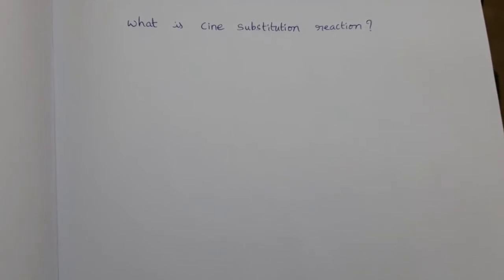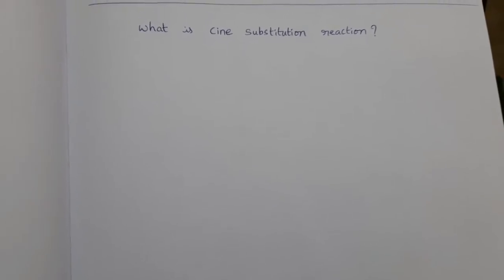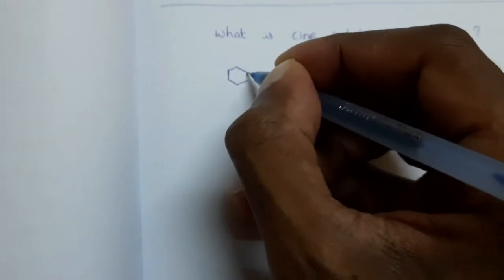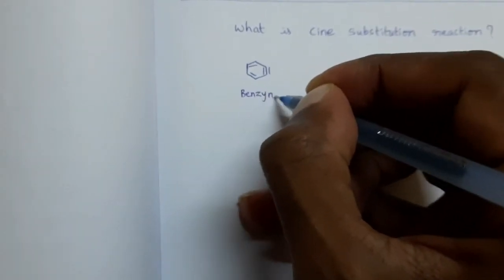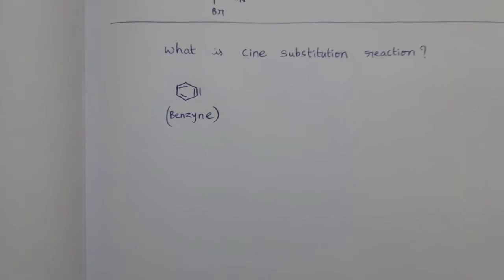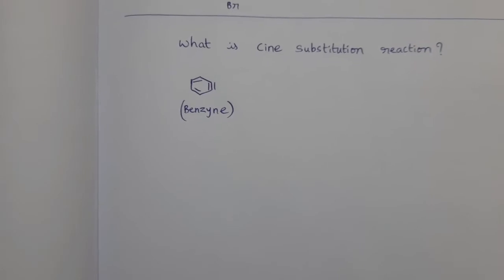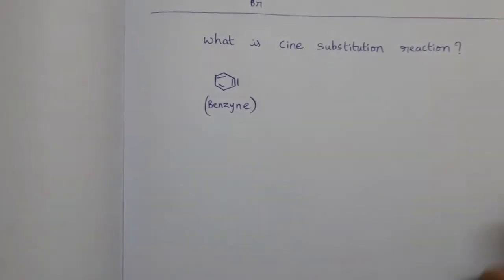Before going to cine substitution reaction, we have to know the intermediate benzyne. Benzene means this one. This is the benzene structure. This nucleophilic substitution reaction involving cine substitution takes place through the formation of an intermediate benzyne.